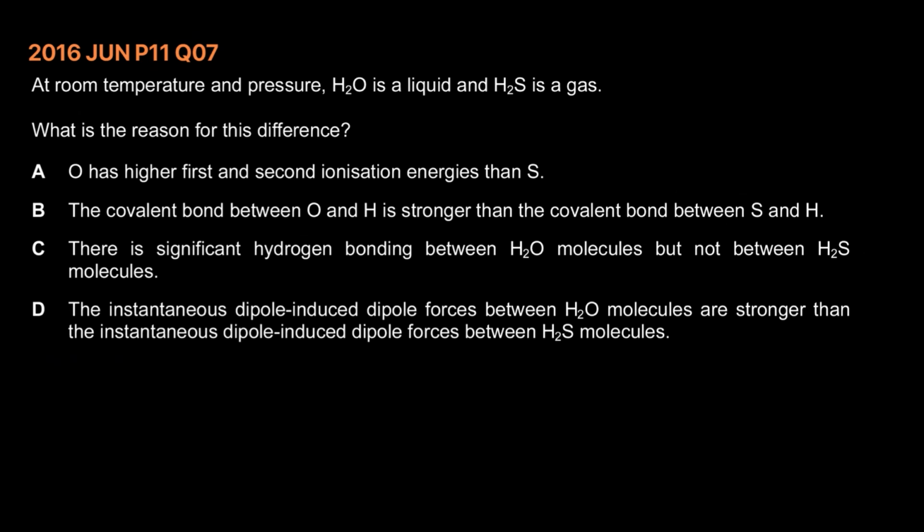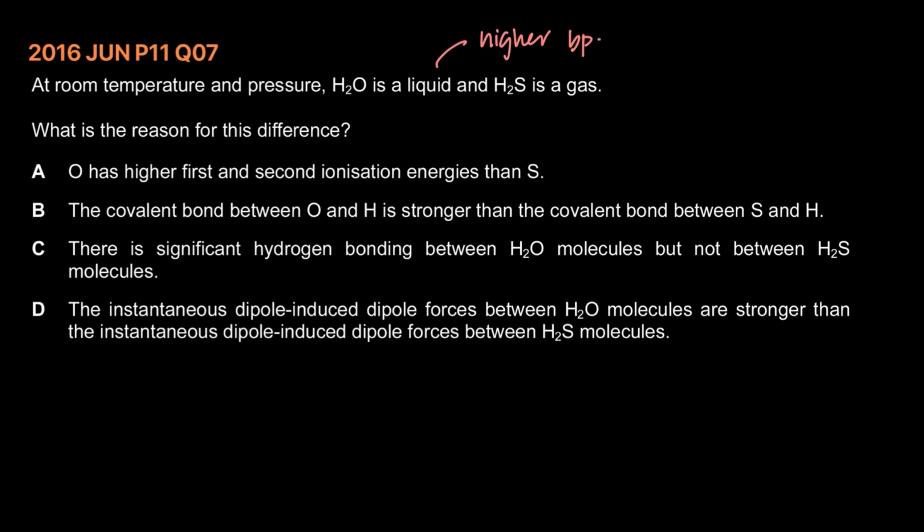It says here that at room temperature and pressure, H2O is a liquid and H2S is a gas. Now, if something is a liquid and something is a gas, the liquid will have a higher melting point and higher boiling point specifically. So here, water is said to have a higher boiling point than H2S. And what's the reason for this difference?